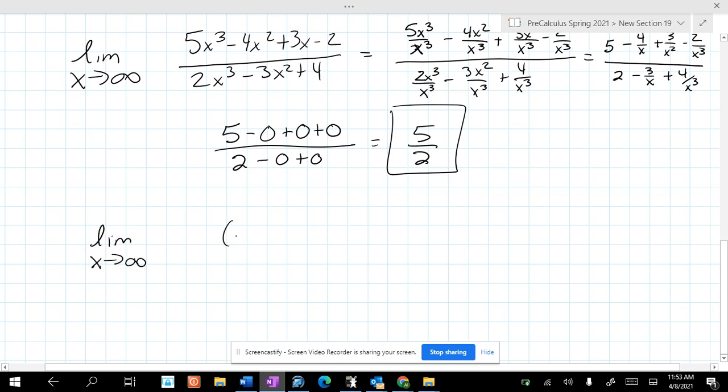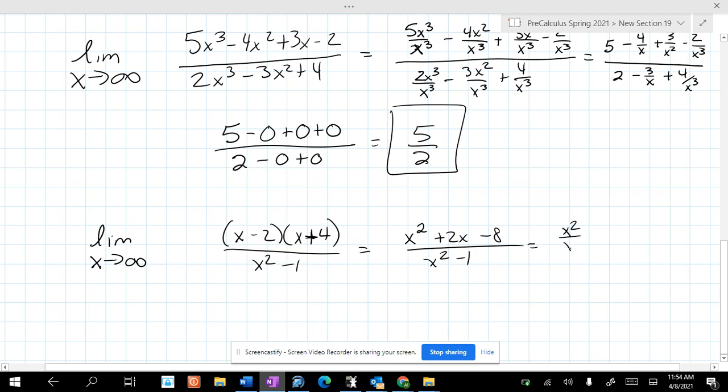Let's find this limit. What do you think we have to do in the numerator? I think we have to FOIL. Outers is 4x, inners is negative 2x, which is plus 2x. Last times last is negative 8. What do we divide by?